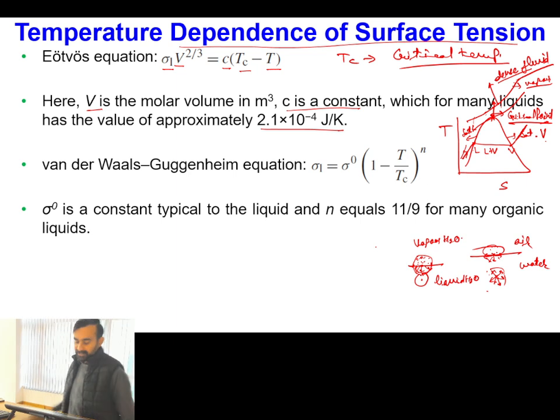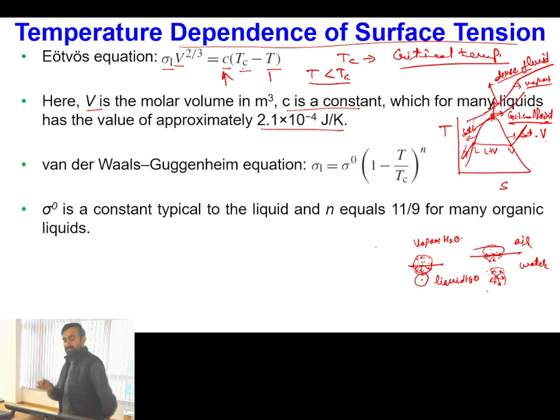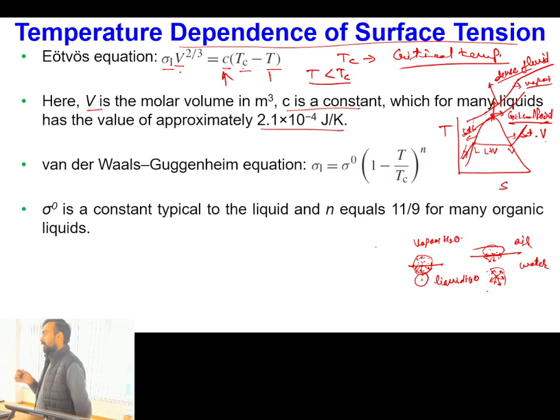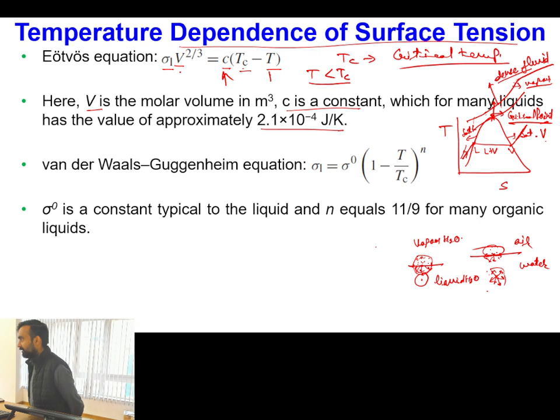That is the reason in this equation the right hand side has Tc minus T. Whenever your temperature is less than Tc, the magnitude of the surface tension coefficient will be large. But whenever you approach the critical point, the magnitude of the surface tension force decreases.